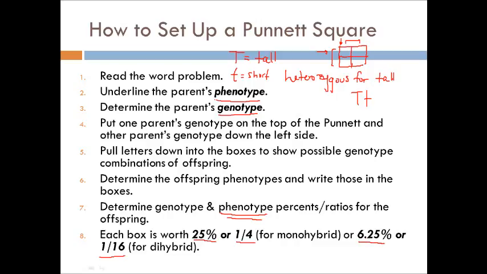So you can use these to figure out what the percentage is based on how many boxes have that trait or that phenotype. So let's say this one and this one all had the phenotype you're looking for. This is monohybrid, so each box is 1/4, so that would be 3/4, or 75%.